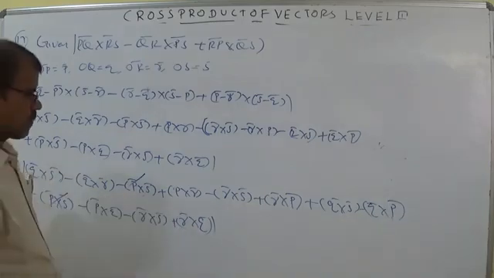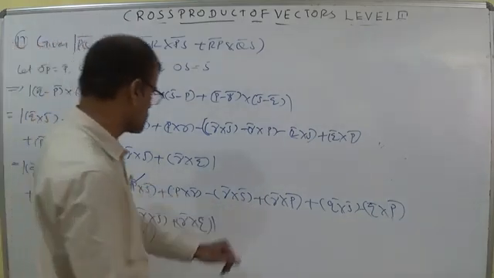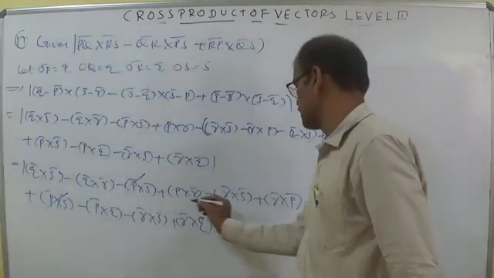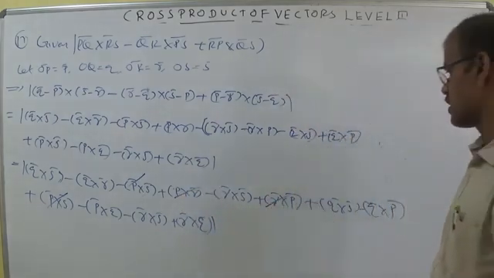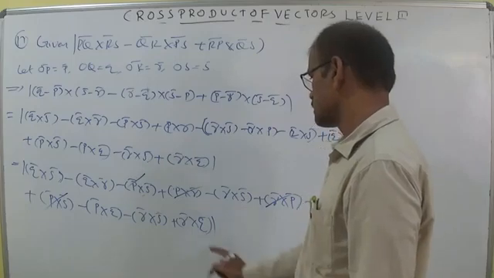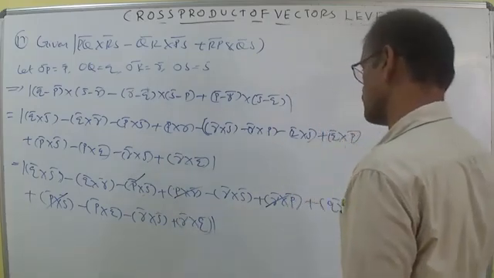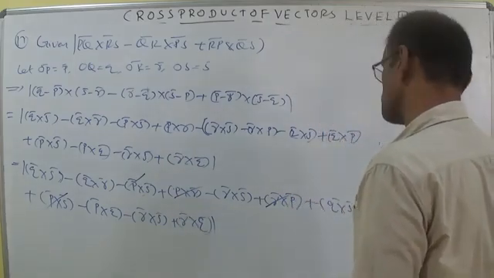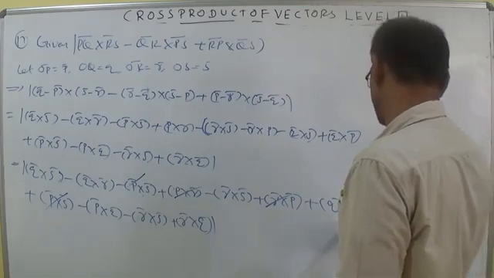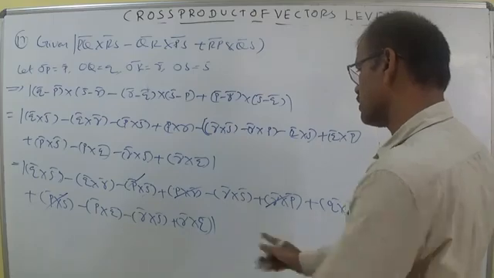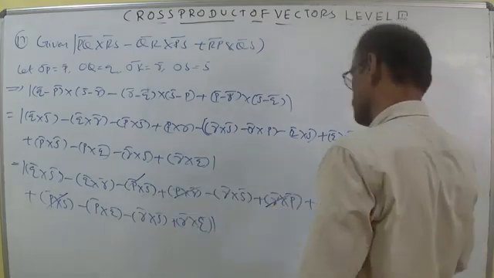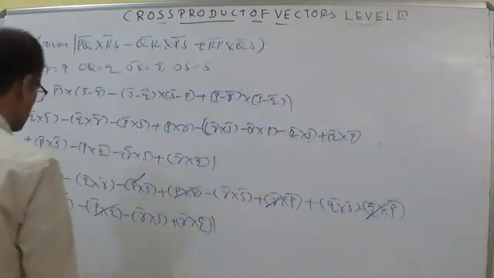P cross R and R cross P, minus and minus, cancel. Minus R cross S is also minus R cross S. Minus Q cross P and plus P cross Q cancel.